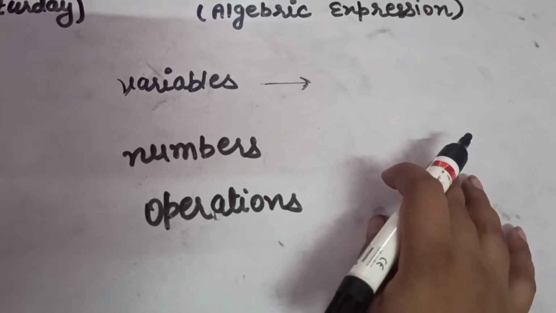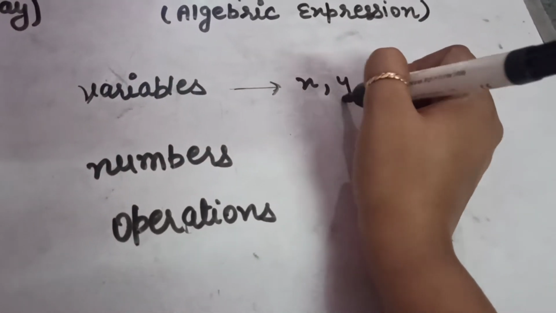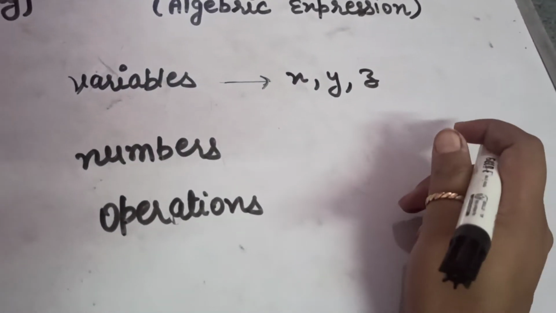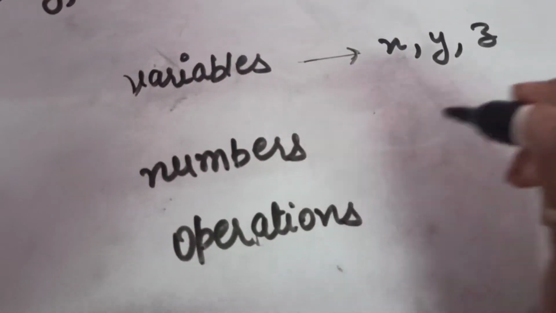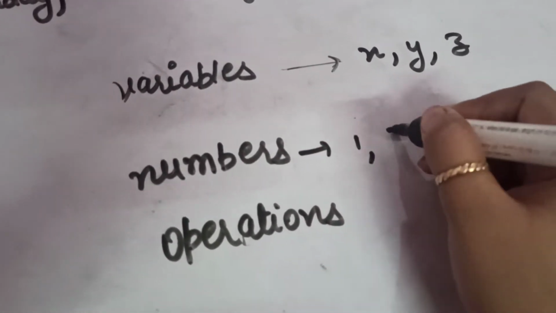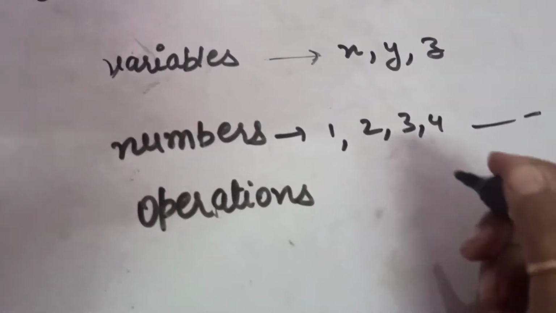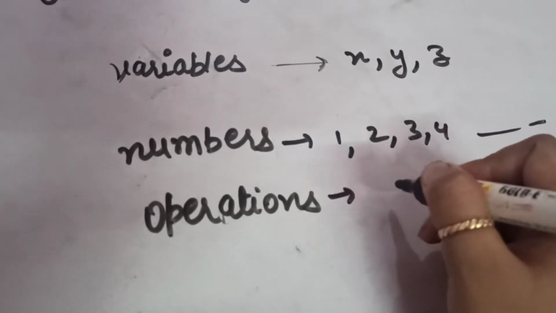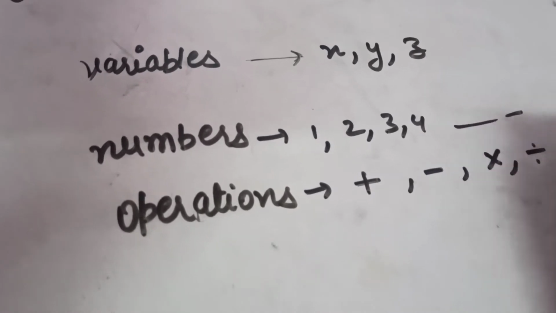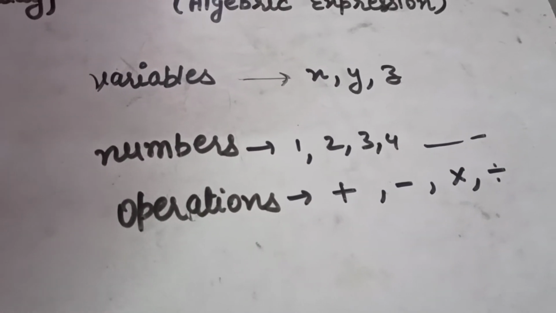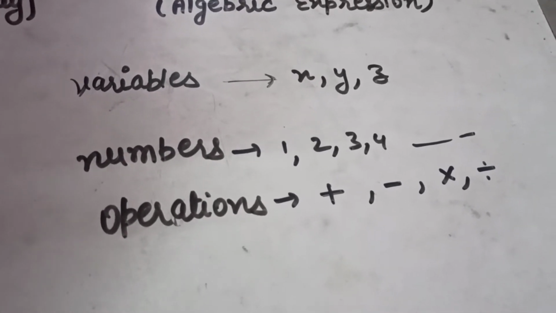Variables are the letters that contain some values, like x, y, z. Numbers, or you can say constants, are 1, 2, 3, 4 and so on. Next one is operations, that are addition, subtraction, multiplication and division. Clear about these three words? Variables, numbers and operations.